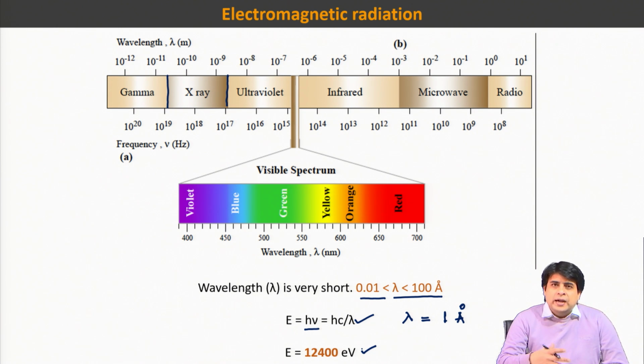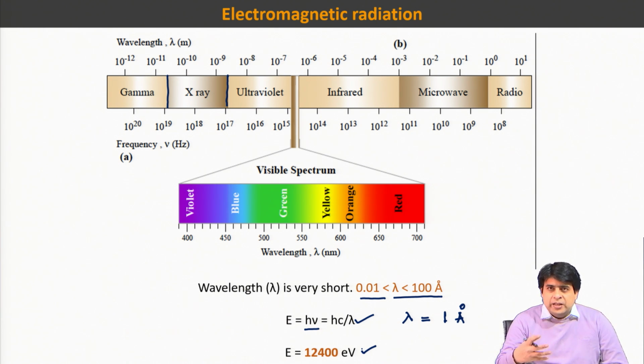Compared to that, the energy of the X-ray is very high, and because of that they can easily remove any of the electrons present in the different shells in the atom, because ionization energy is much lesser than the energy of the X-ray.